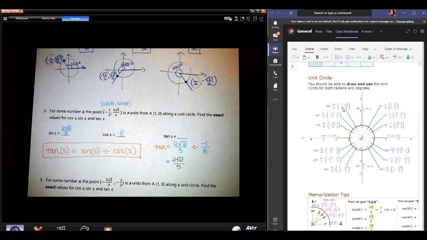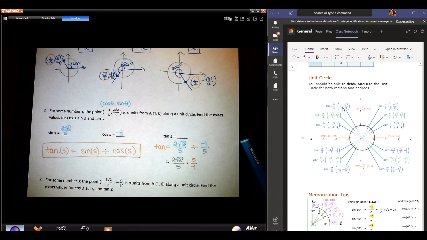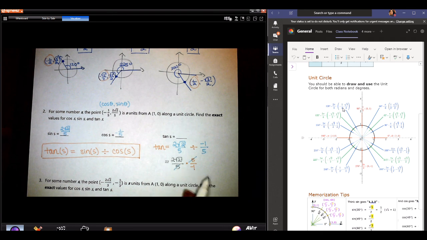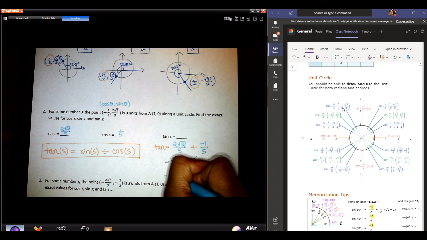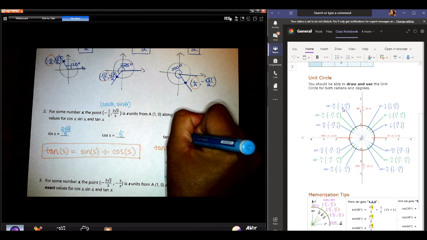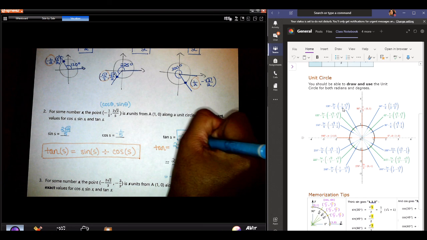This turns into a multiplication of 5 over -1. From here, we can simplify and cancel out our 5s. Then dividing by -1 means that there's a negative, but the numbers don't change, just the sign. So that would be our final answer. This would be the answer I'm looking for right here.